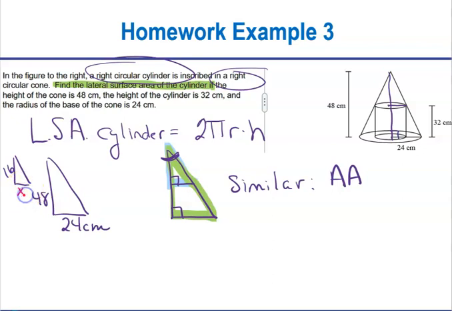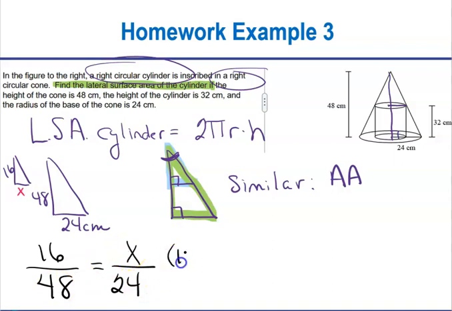And we can use proportions to find it. Ratios is what I'm trying to say. So we know that 16 in the small triangle compares to 48 in the larger triangle. X in the small triangle compares to 24 in the larger triangle, right? Then I can cross multiply, because that's how you solve proportions.